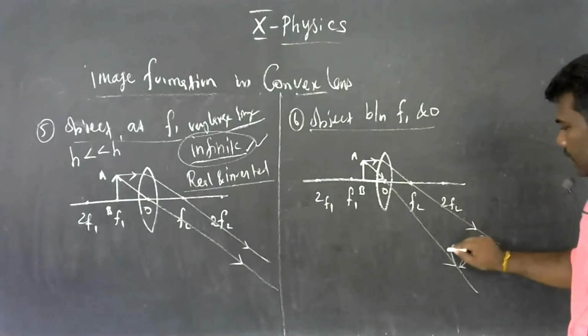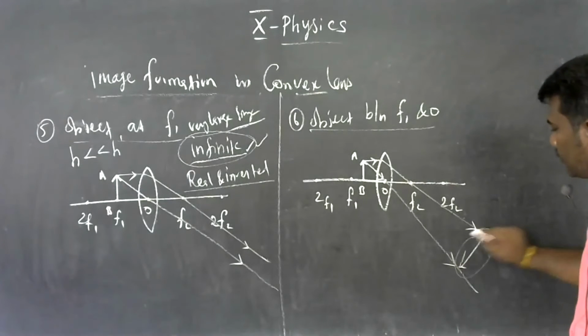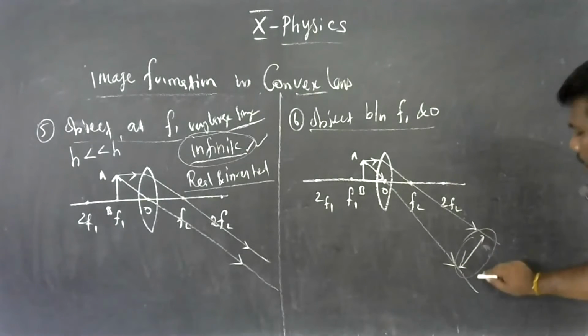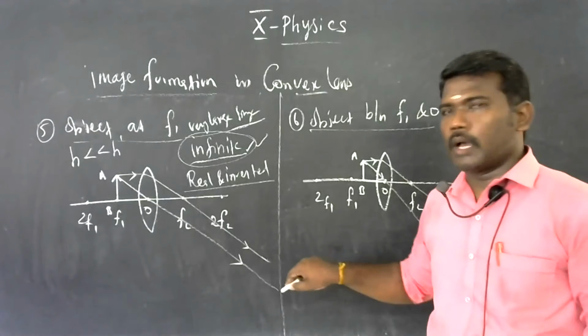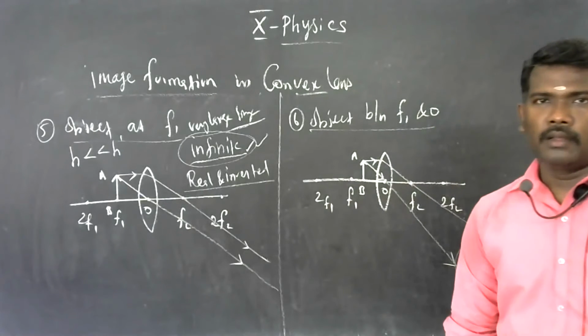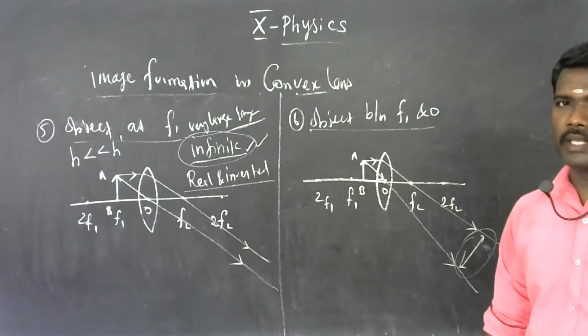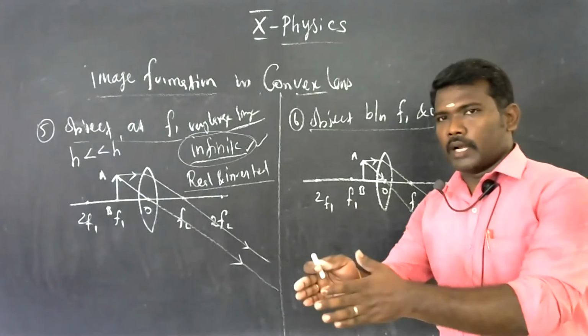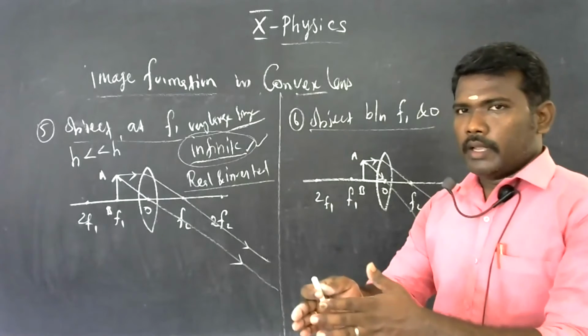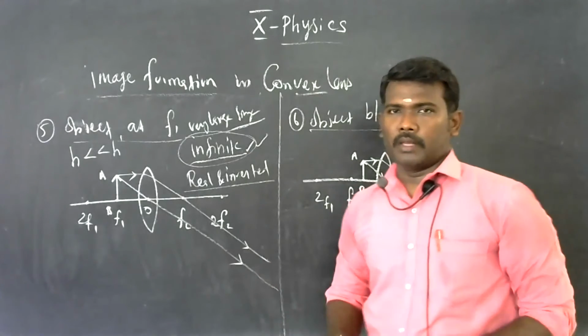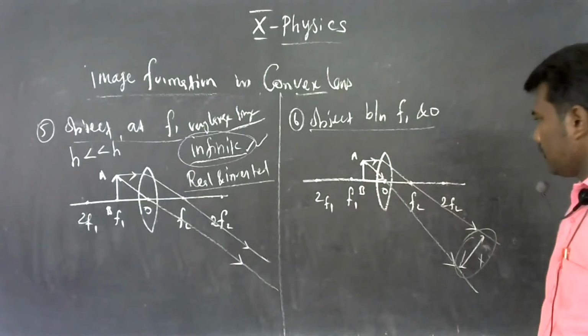The two light rays, after getting the refraction, diverge from each other. So they never meet at any point on the other side of the lens. If the two rays converge with each other, they definitely meet at some point. So in this case, it is impossible.